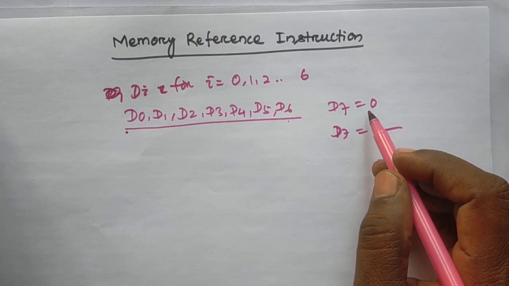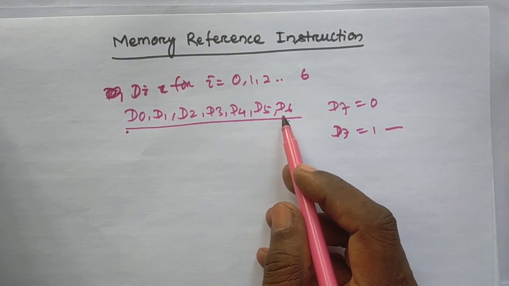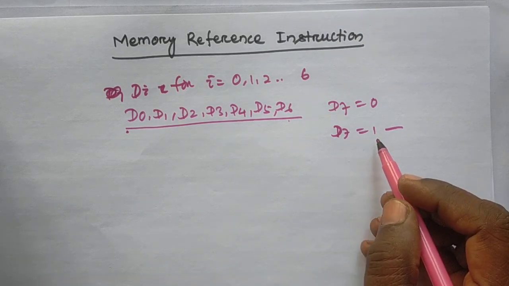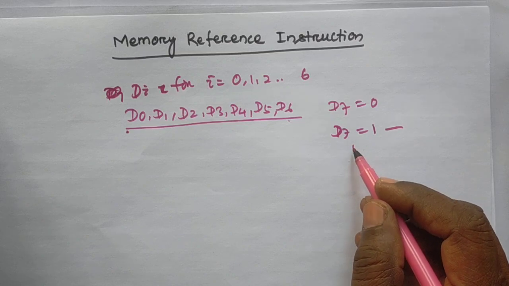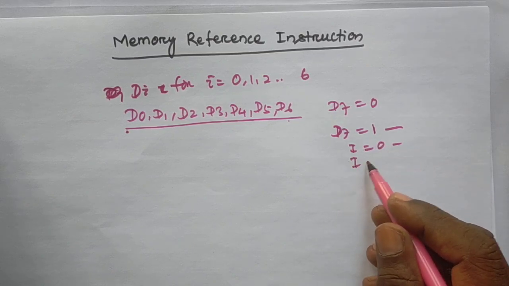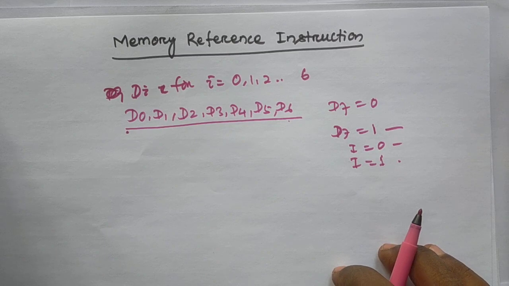If D7 is equal to 1, then it has another concept, which depends on the input, that is, the mode I. If I is equal to 0, then it is a register reference. If I is equal to 1, then it is an input output reference. In this way, we can define different memory reference instructions.